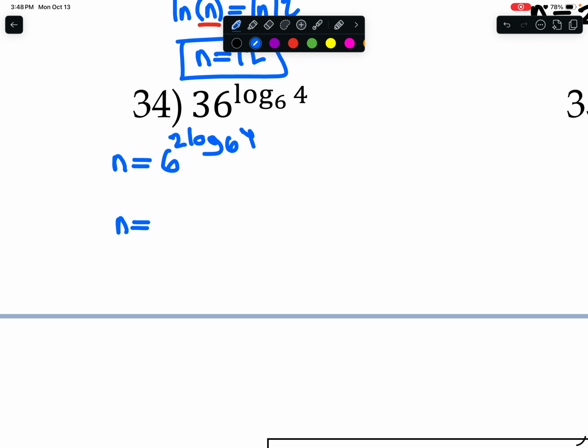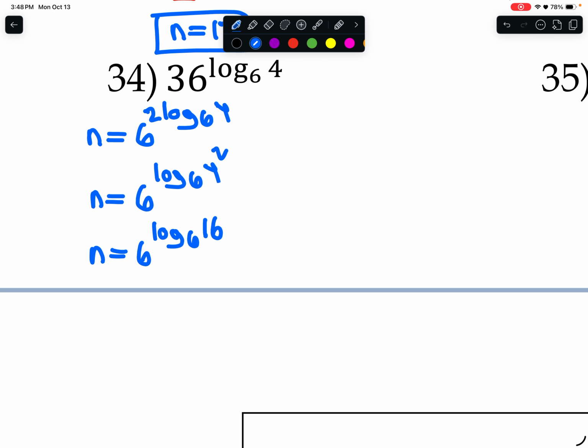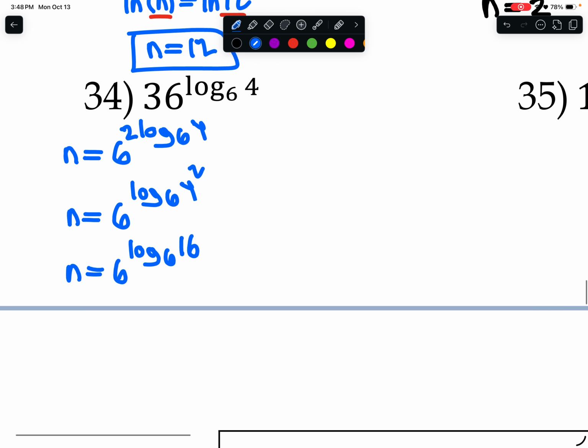So this is going to be n equals 6 raised to the log base 6 of 4 squared. So this is the same as 6 raised to the log base 6 of 16. So I'm in exponential form, so I'm going to do circle of life to convert. So I'm going to have log base 6 of n equals log base 6 of 16, which means n is the same as just writing 16.